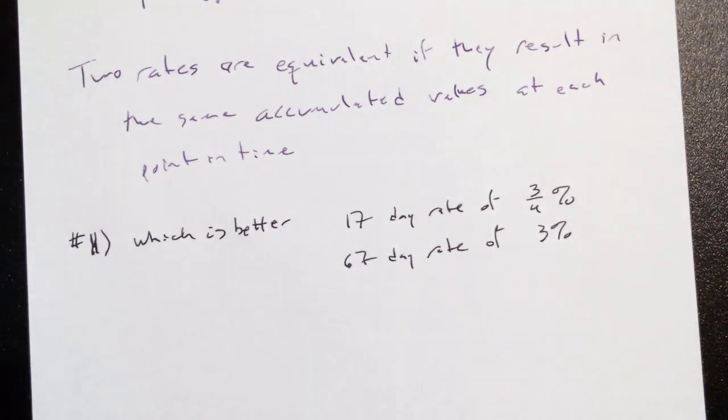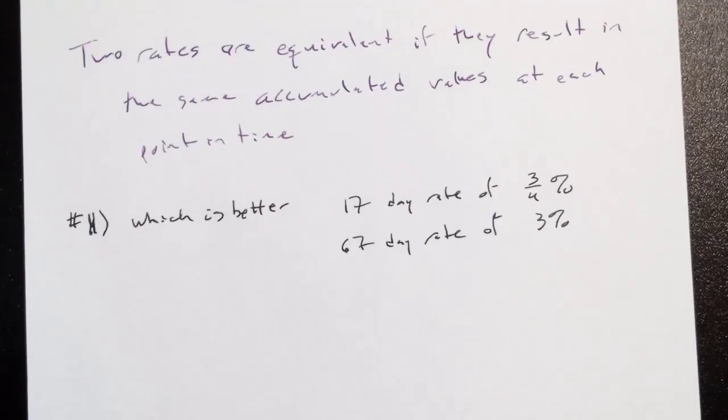A rate that lasts 17 days at 0.75%, or a rate that lasts 67 days at 3%. You got a choice. Your choice.